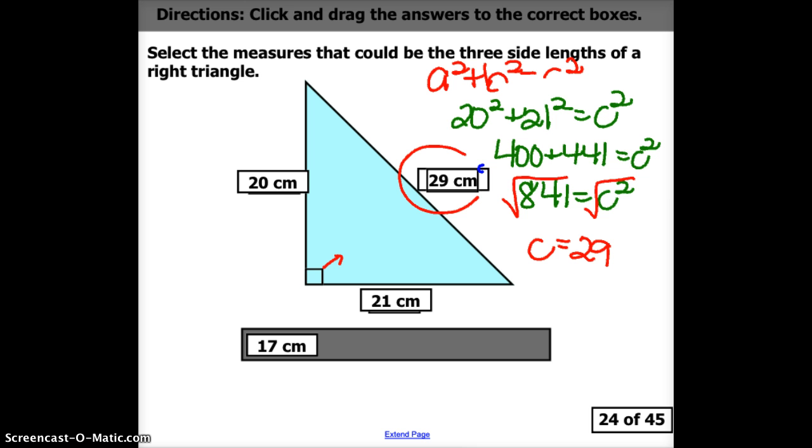It doesn't matter if you put 20 here and 21 down here, or if I had put 21 here and 20 here. That wouldn't have made a difference. So that's okay. That's not going to change your answer at all. The 20 and the 21 are interchangeable. The one that's not interchangeable is 29. It has to go on the hypotenuse.